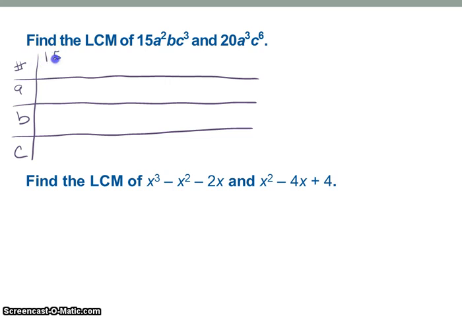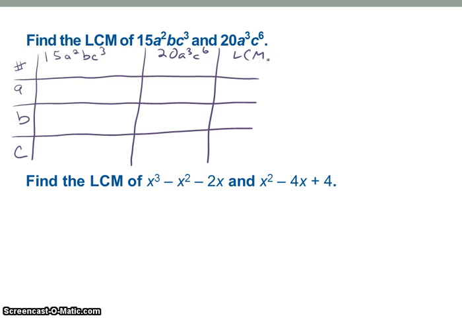So if I'm looking at 15a squared, b, c to the third, that's going to look one way, whereas 20a to the third, c to the sixth will look another, and in the end we'll determine our LCM.